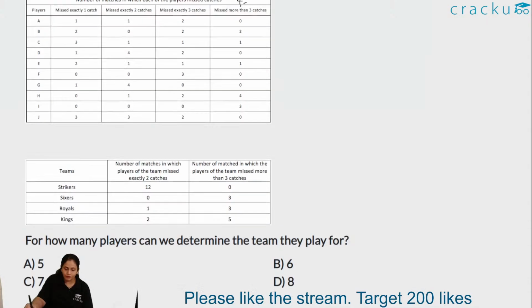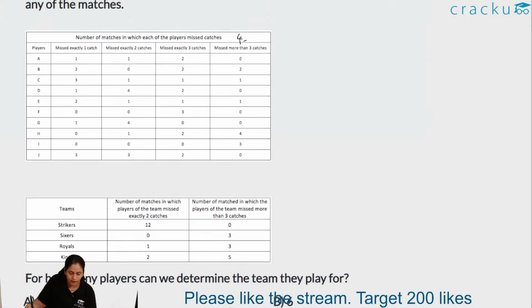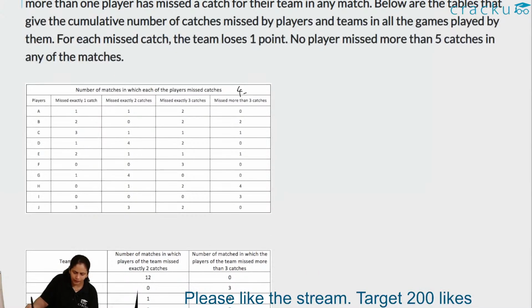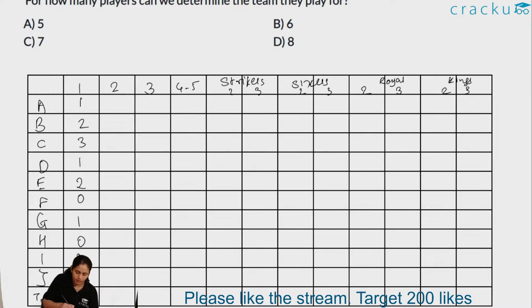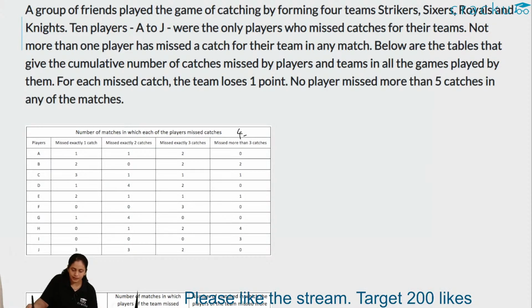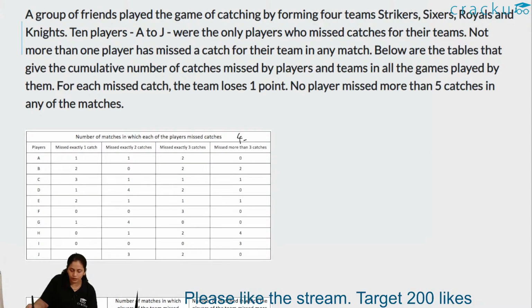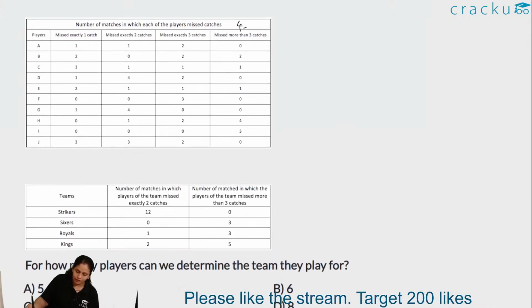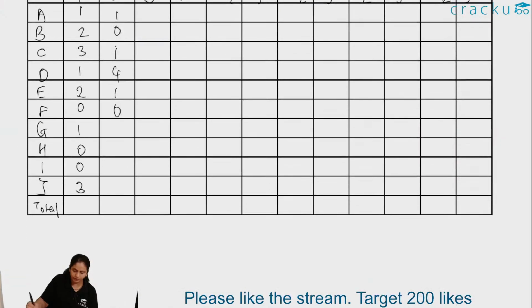So let me fill the figures first. So this is 1 2 3 1 2 0. This is 1 2 3 1 2 0. And you have 1 0 0 3. This is 1 0 0 3. Let us figure this one out. Missed exactly one catch: 1 0 1 4 1 0. 0 1 4 1 0 and 4 1 0 3.